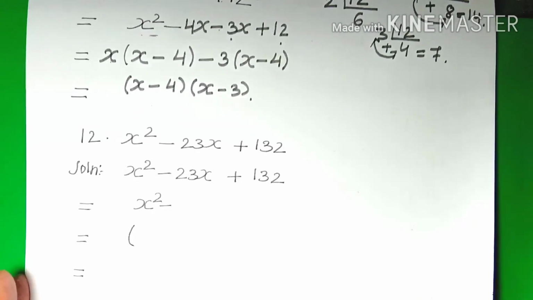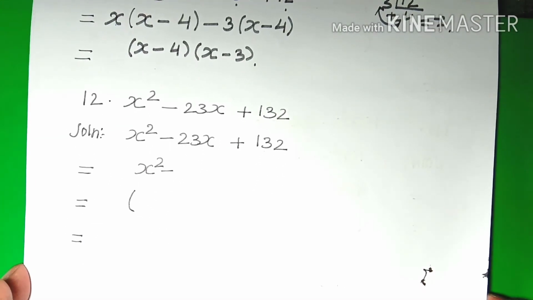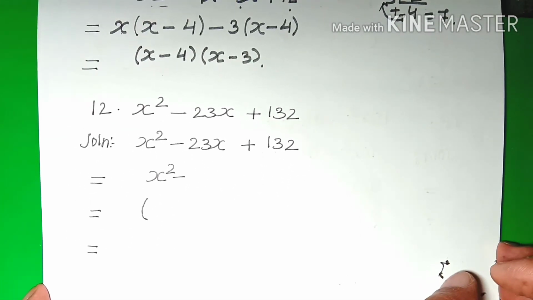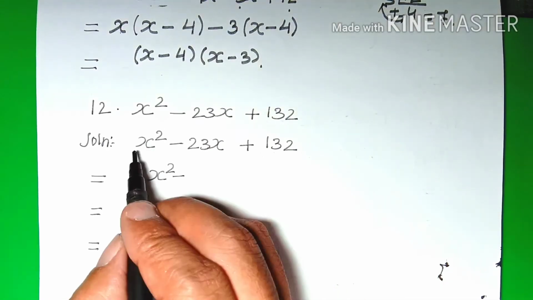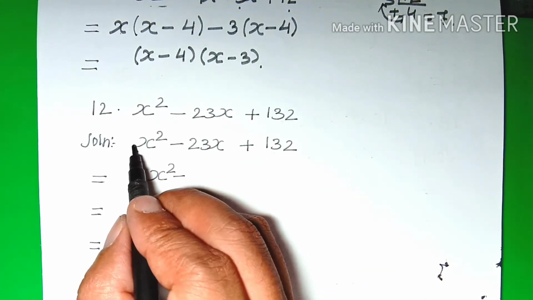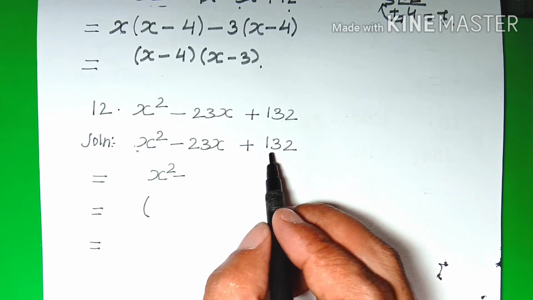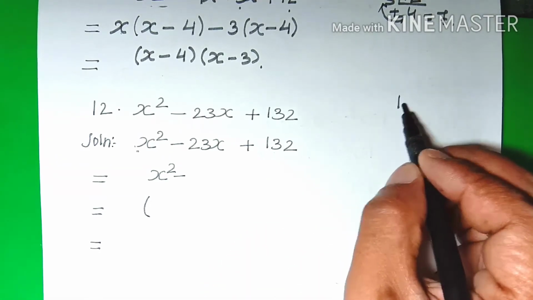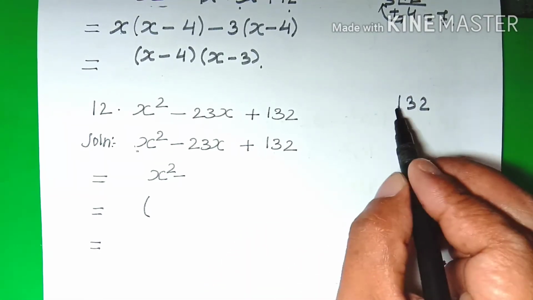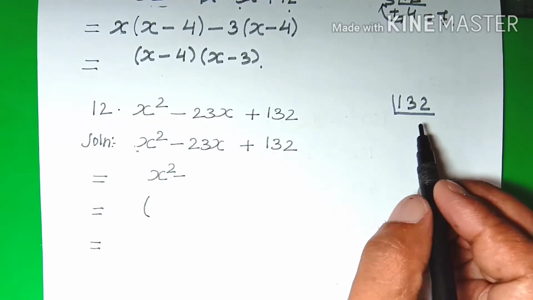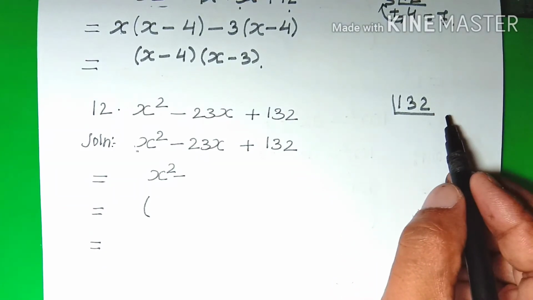The next sum, again we can follow the same rule. The first step, take the product of the extreme values. 1 into 132 equals 132. Now which table do you want to take a trial with? You can take a trial here.